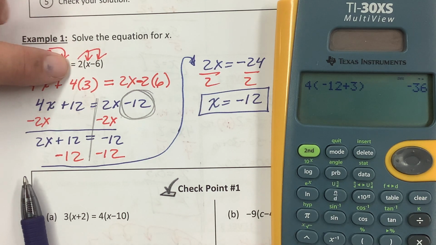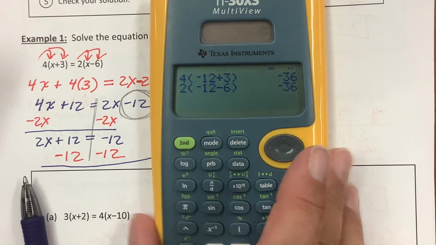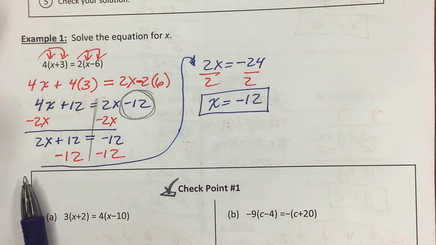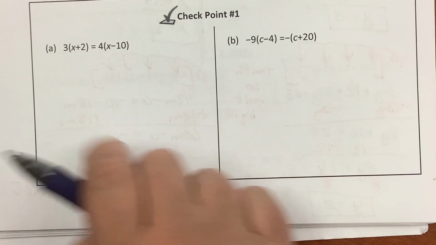Now, separately, I'm also going to do 2 parentheses, negative 12 minus 6. Close the parenthesis, and I get negative 36 for both of them. That means that this checked. Took me 2 seconds on the calculator to make sure I have the right answer. Now, it's just a few seconds. You can do this. All right, the next problem.